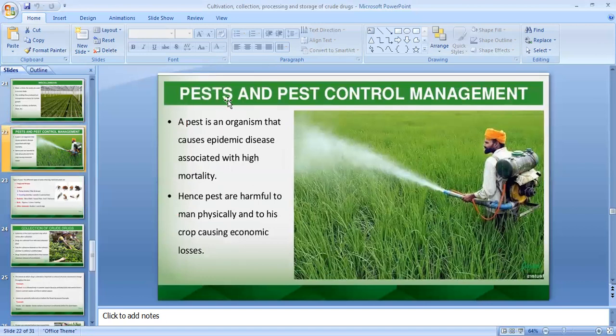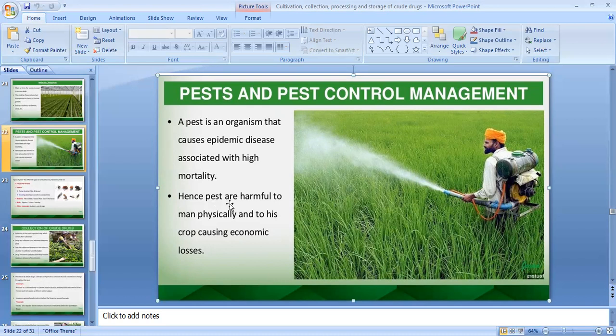Then we will see about pest and pest control management. What is pest and pest control management? First point, what is a pest? A pest is an organism that causes epidemic disease associated with high mortality.